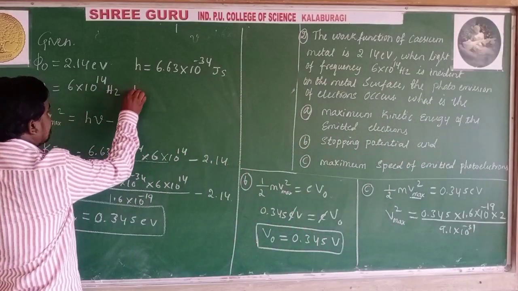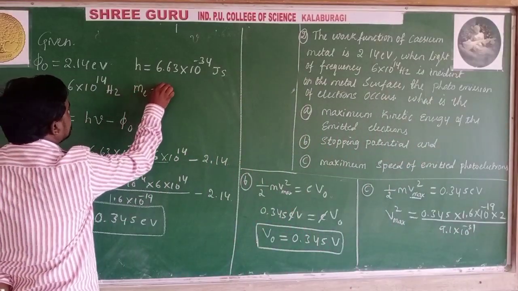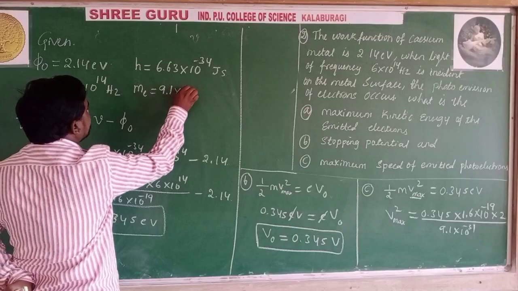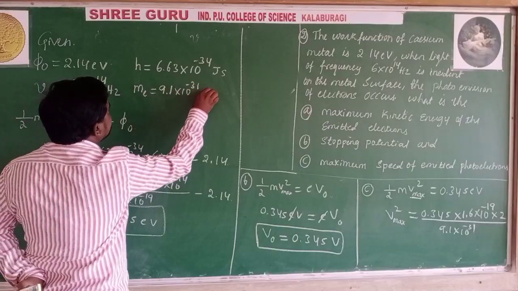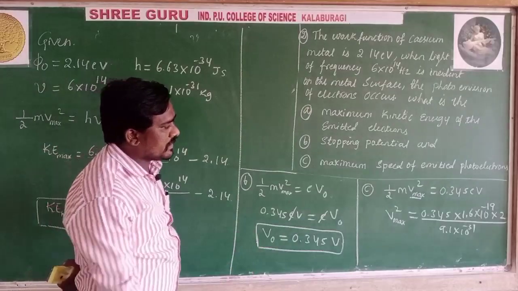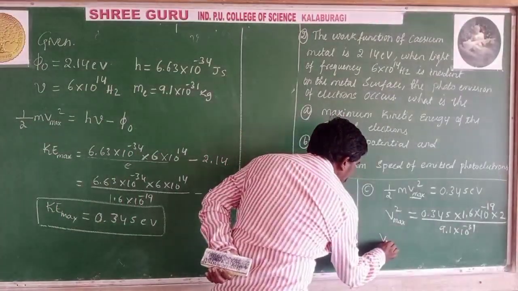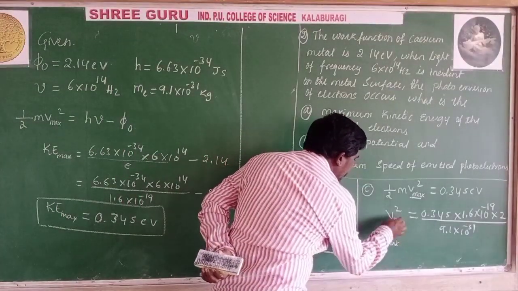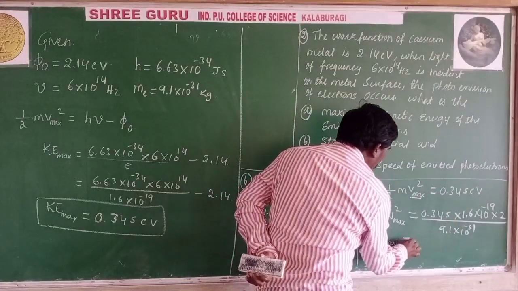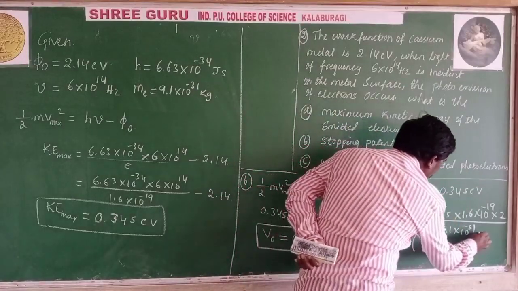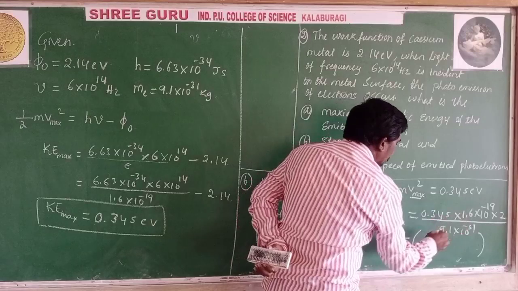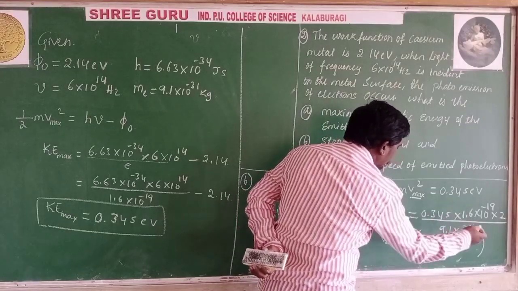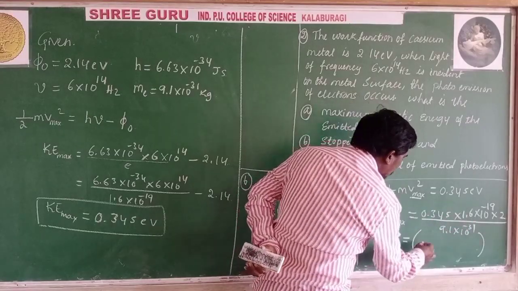Keep in your mind, mass of electron is 9.1 into 10 raised to minus 31 kg. I substituted those values. Now this is v max squared, so just take the square root of these values.